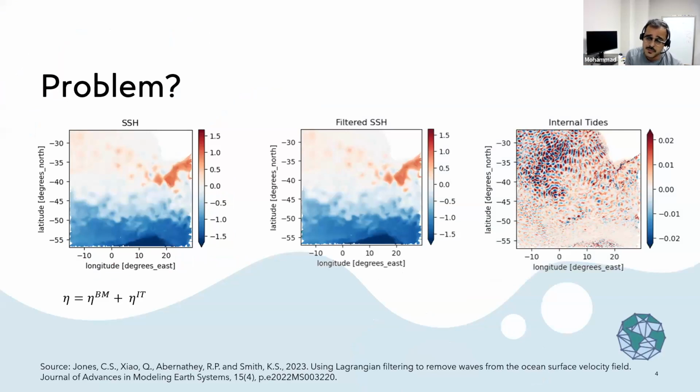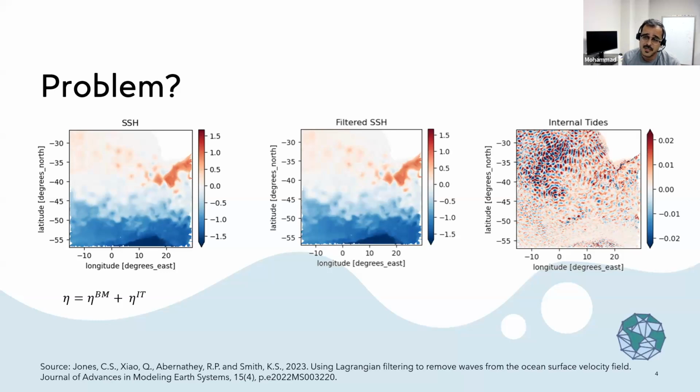So in this project, we focused on decomposing the sea surface heights into two important components, balanced motions and internal tides. As we want to use a machine learning approach to do so, we used the products of a numerical model.